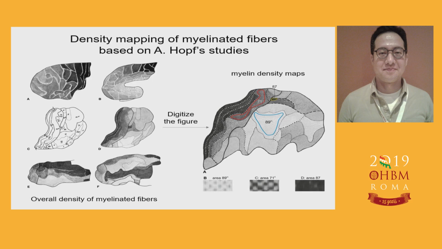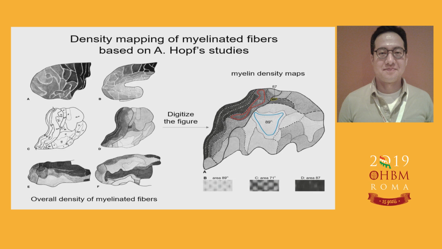Another big contribution of Dr. Nieuwenhuys is that he also extracted some other information, which is the degree of density of myelin fibers, and the original information actually comes from Dr. Adolf Hopf, who is another colleague of the Vogt school.